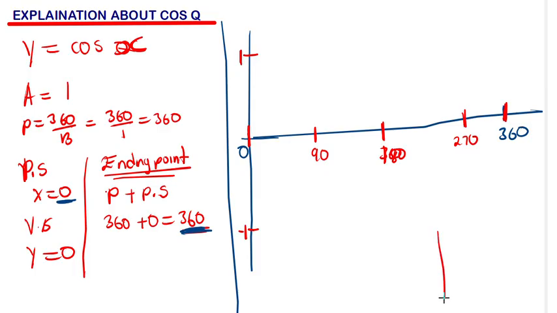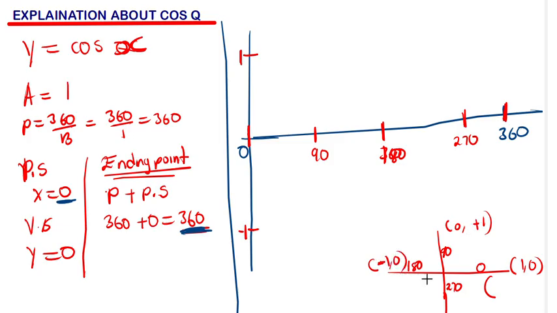So let's start. Is it okay? The Cartesian plane is very important. Remember, dealing with cos, right? So this is 0, 90, 180, then 270. So the Cartesian plane is 1 comma 0, then 0 comma negative 1, then negative 1 comma 0, then 0 comma negative 1.